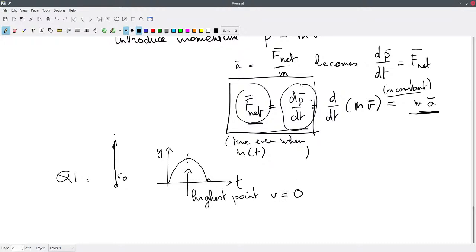And at that highest point, v is equal to 0, right? So at that point, the object is momentarily at rest. Is the net force equal to 0 on that object at that time? So take a minute to think about that.